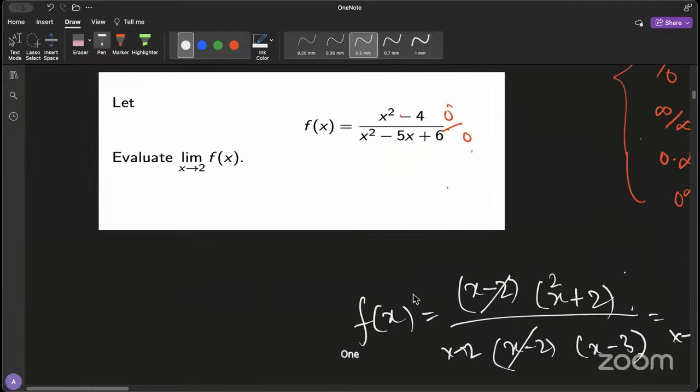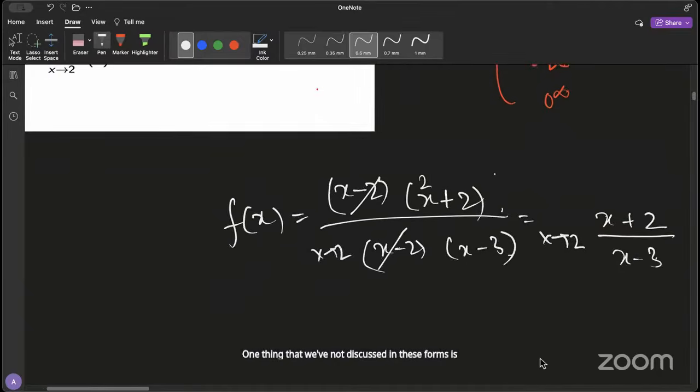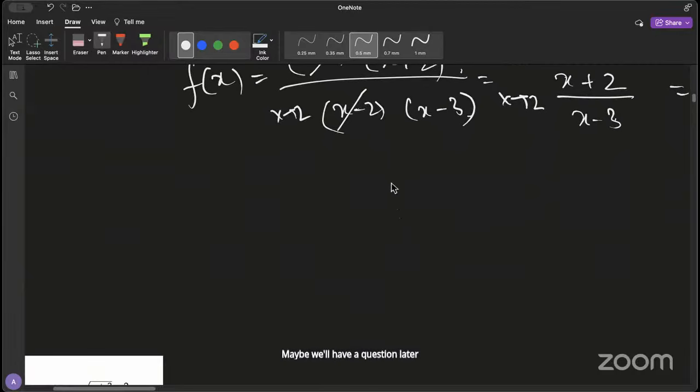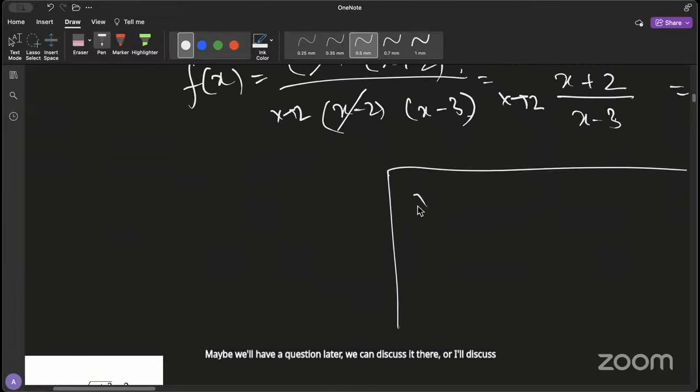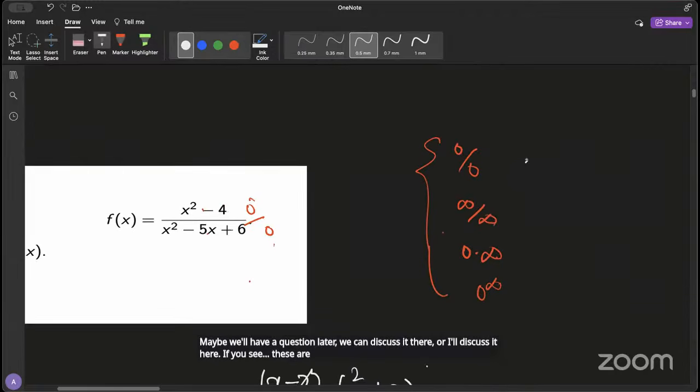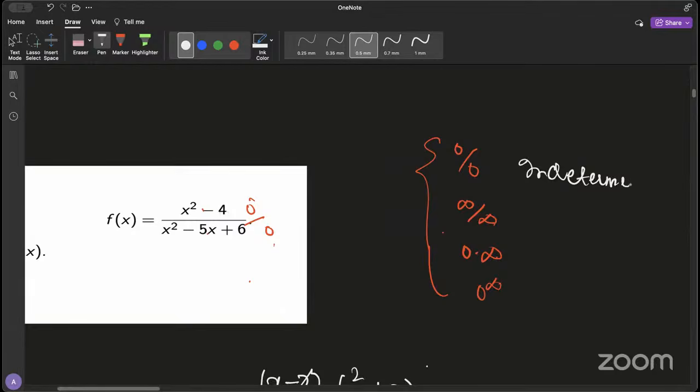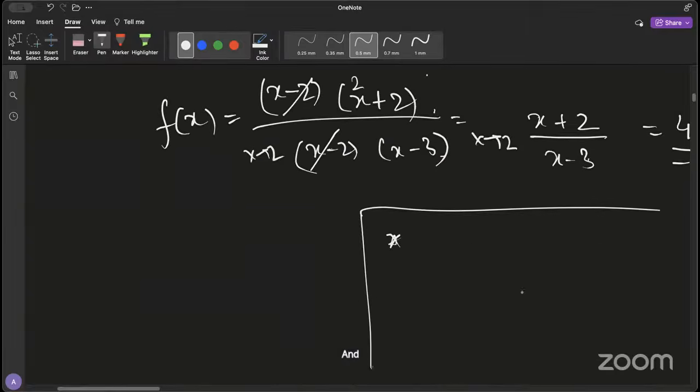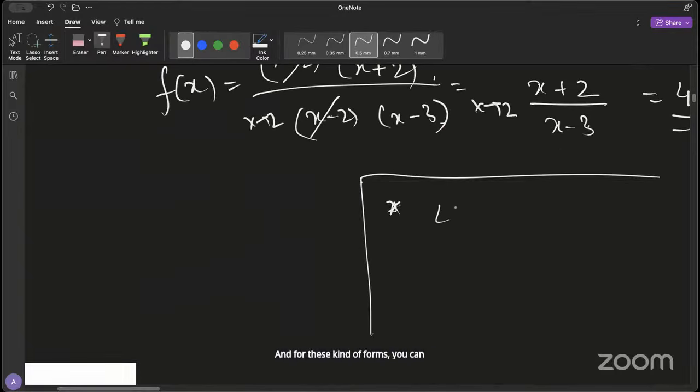One thing that we've not discussed in these forms is, maybe we'll have a question later where we can discuss it, or I'll discuss it here. These are called indeterminate forms. And for these kinds of forms, you can use L'Hopital's rule.